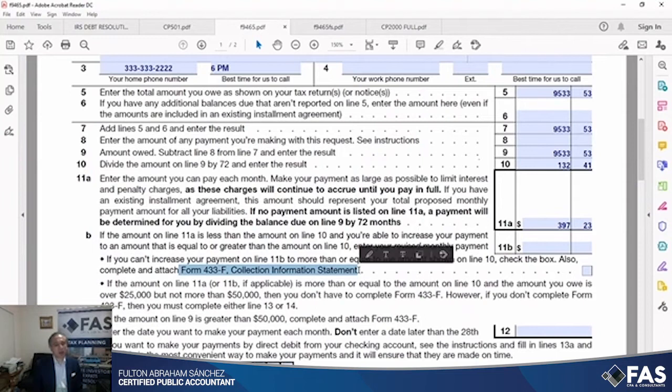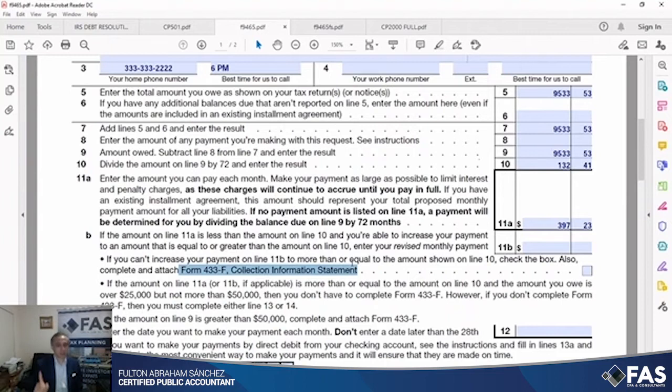It is a large statement where you have to provide all your current information, your bank information, your expenses, your credit cards, your cars, your assets, your liabilities, your income, and your expenses.